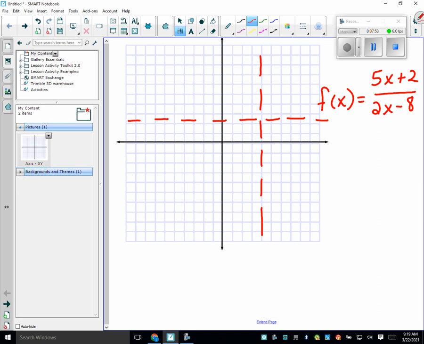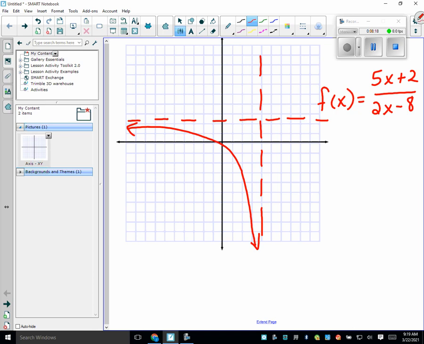All right. Can you give me a point? 0, -1/4. Do you all agree? I think that means that my graph's going to look like this. Agreed?